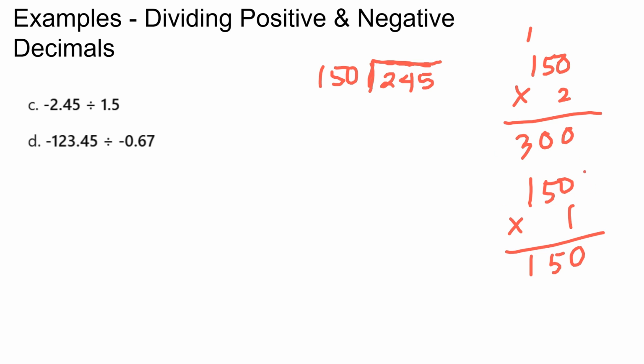As you noticed, if I multiply 150 by 2, it will already exceed 245. 300 is already greater than 245. Basically, when we're dividing 245 by 150, it's like saying, how many 150s are there in 245? If we say 2, then that's wrong because it's already 300.